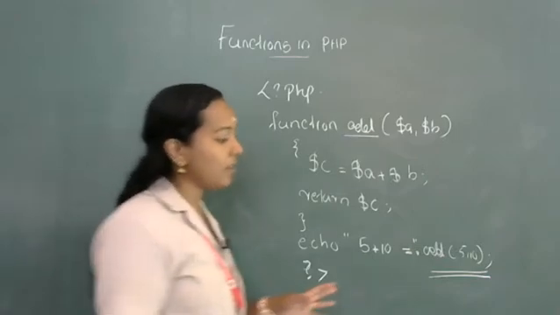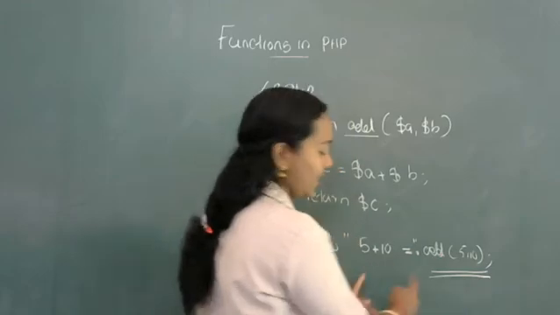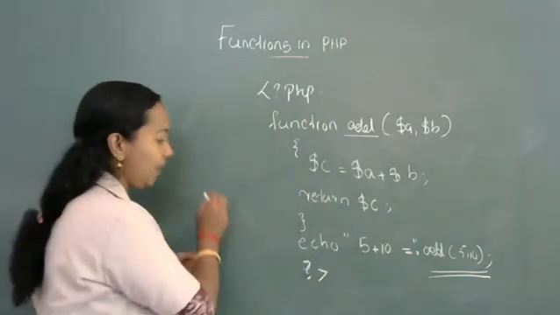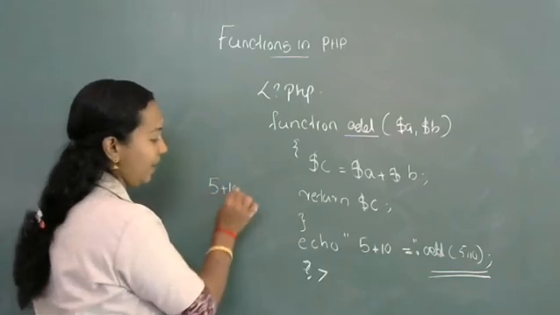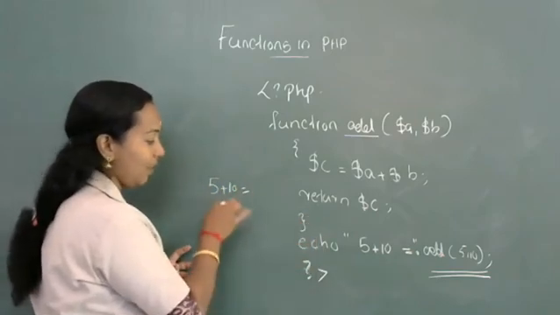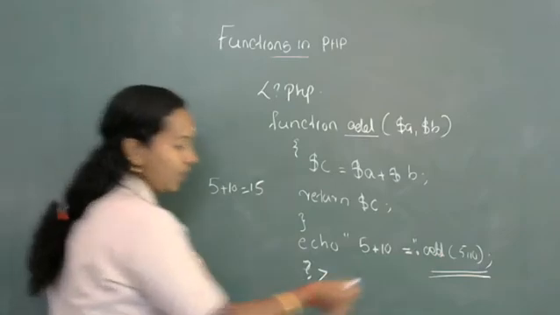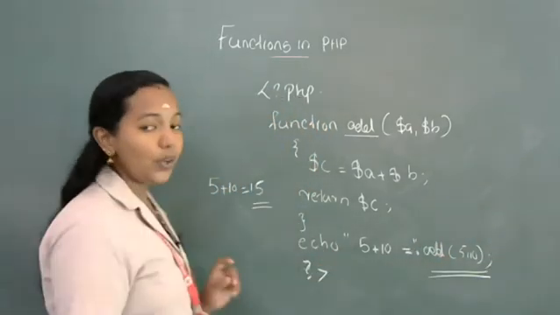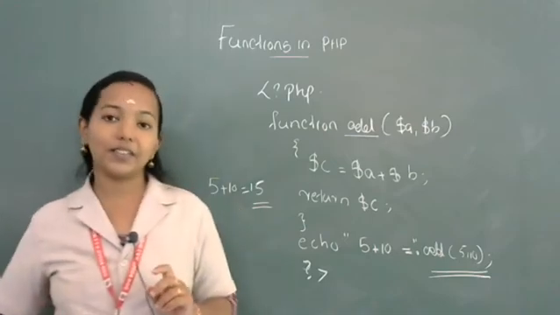Using the string concatenation operator we are adding the result along with that statement. So the final answer will be 5 plus 10 equal to 15. Instead of add 5 comma 10 we will get 15 as the answer.